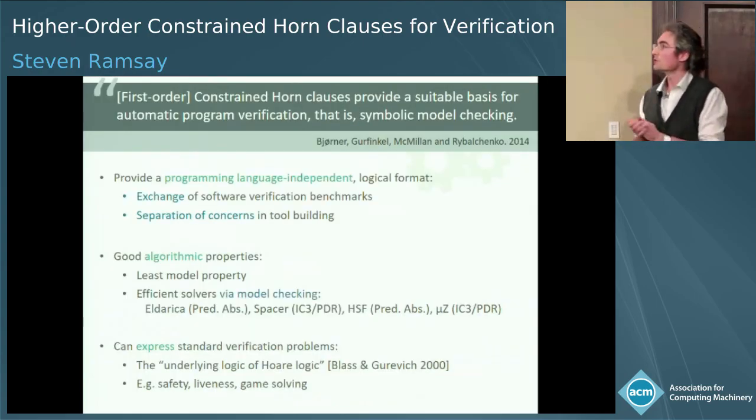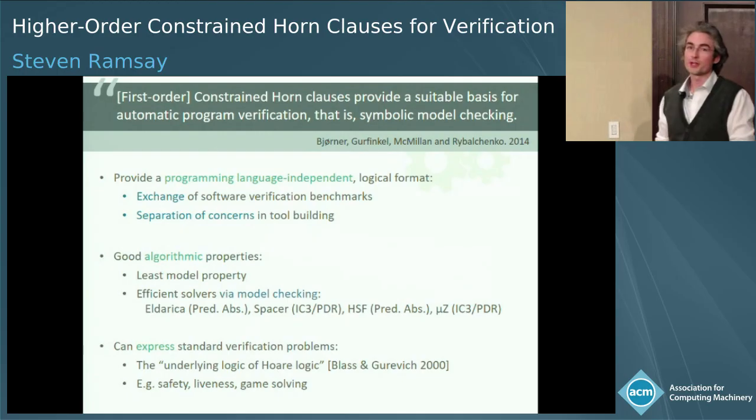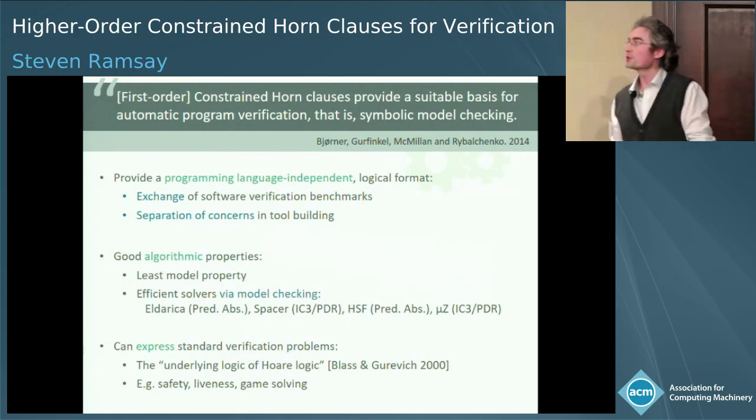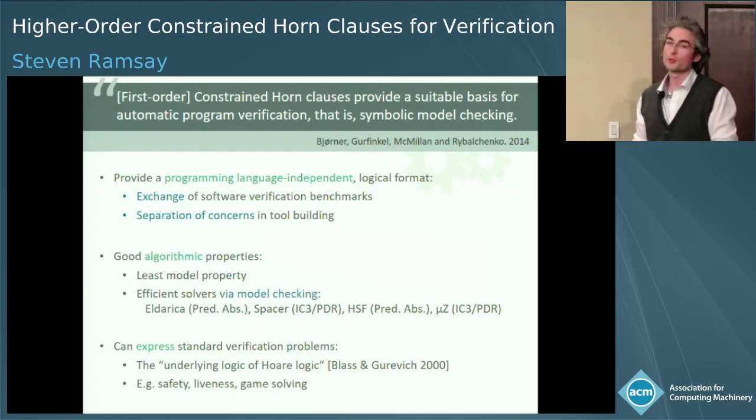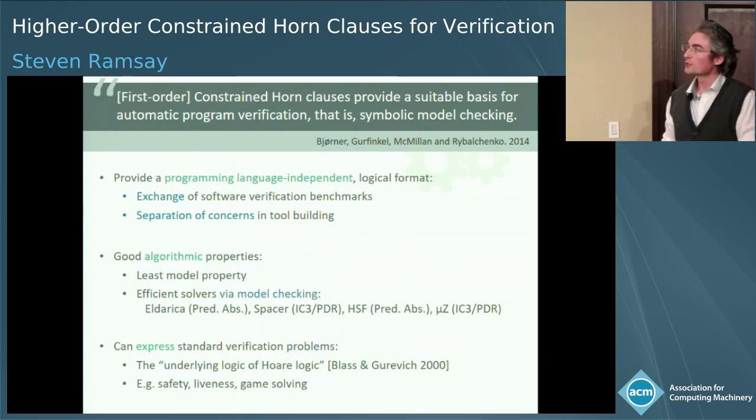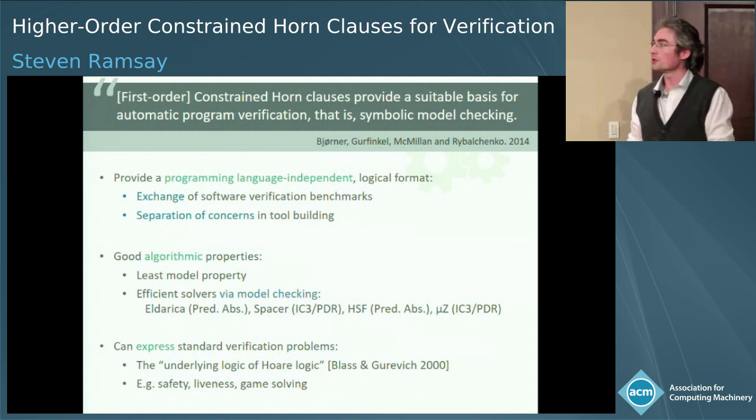And in 2014, we have this survey paper by Nikolaj Bjørner and his colleagues, which tries to justify the following claim: that first-order constrained horn clauses provide a suitable basis for automatic program verification. Some of the bullet points on this slide express some of their justifications, but I just want to draw your attention to the middle bullet, which describes the good algorithmic properties.